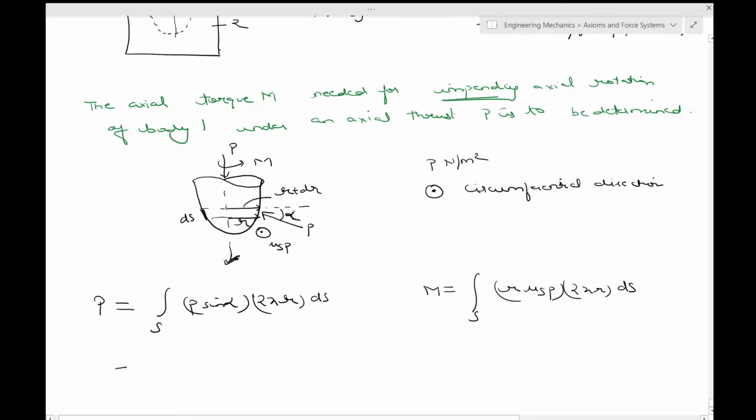This implies that M by P is equal to the integral of mu s r square p ds over the integral of r p sine alpha ds.